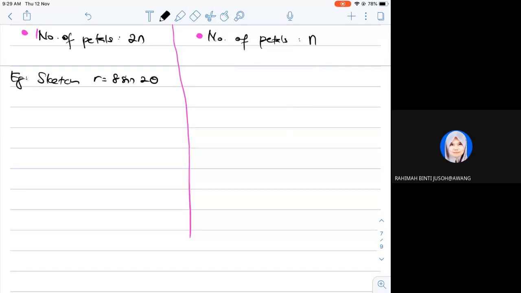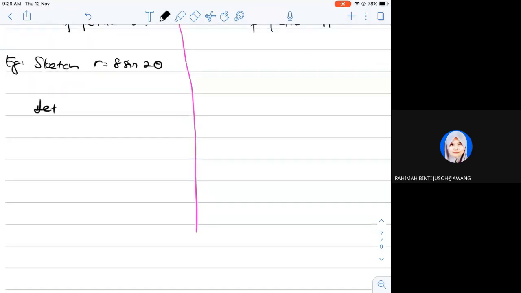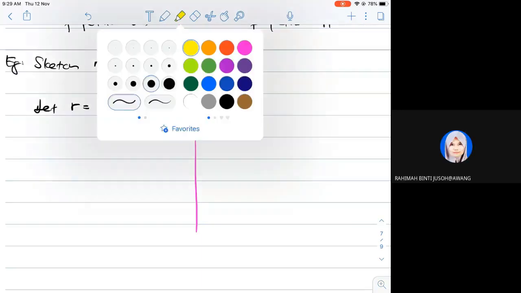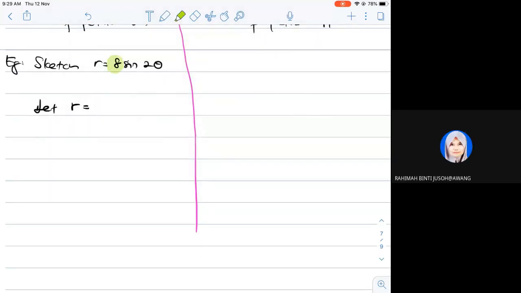Kita nak tahu kat mana lokasi kelopak-kelopak tu berada. So we need to let r equal the length of petal. In this case, what is the length of petal? 8. So we let r equal 8.